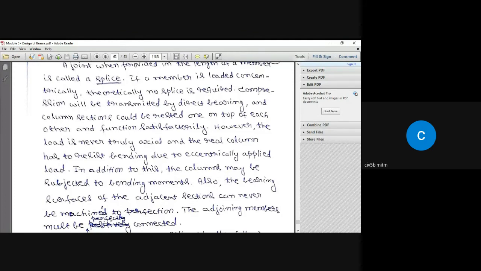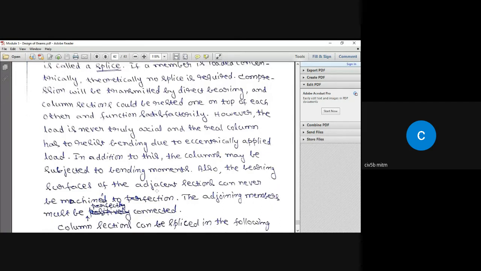And the RCC column can be designed as an axially loaded column. If you remember what we did in RCC, you will get some idea about it. The same thing is applicable here, but in your syllabus, we only deal with the design of compression members with axial loads.